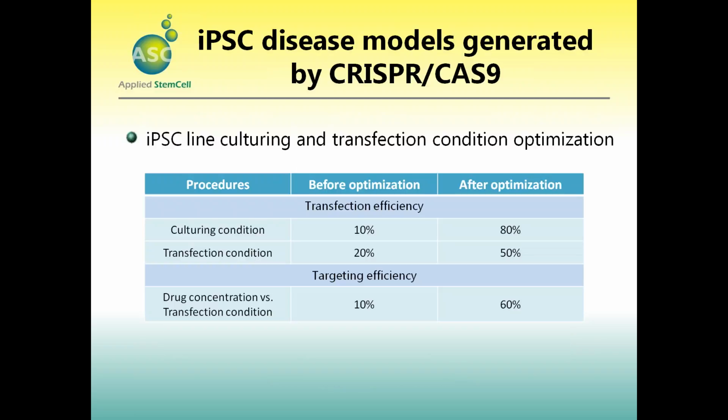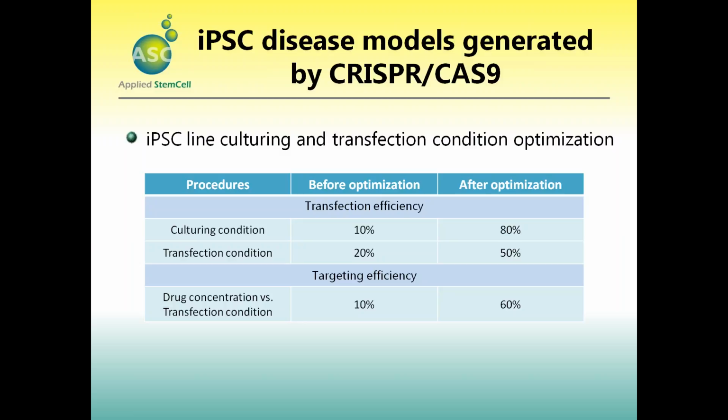Here I would like to give you a summary of the transfection and culturing condition optimization. So we look at the transfection efficiency before and after optimization at different conditions, and also the overall targeting efficiency. From the data I showed you earlier, with the improved culturing condition, the transfection efficiency can be improved by 70%.